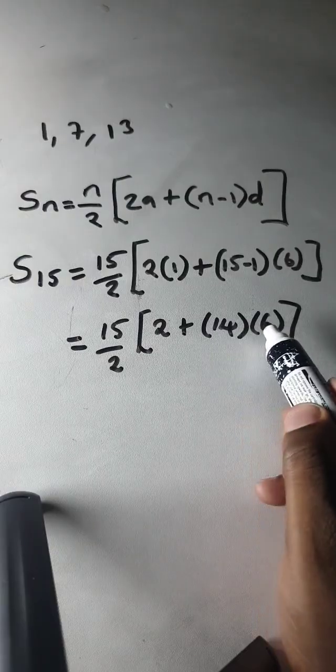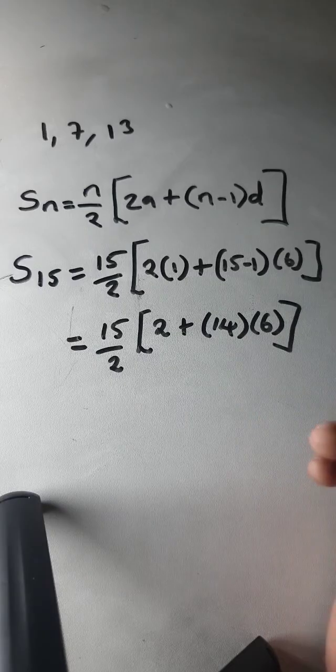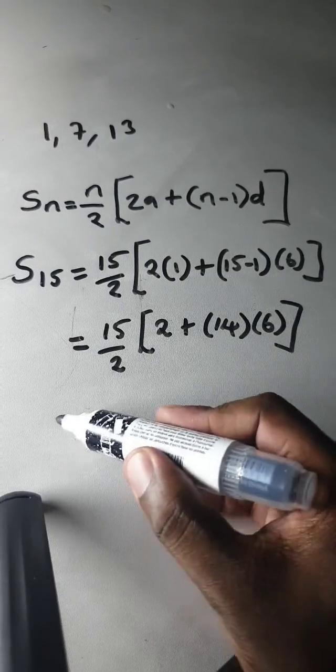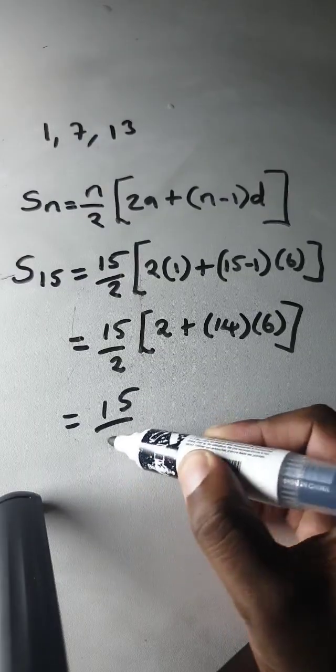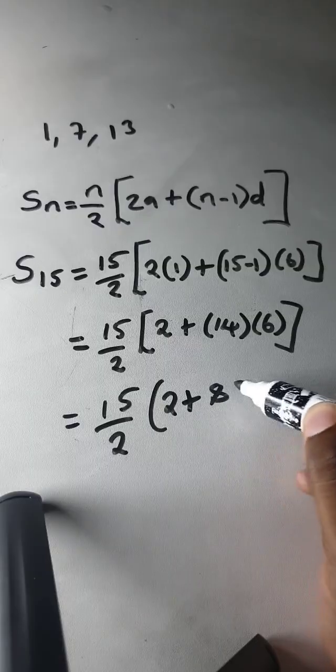So 14 times 6, it is 80. Wait, is it 84? 84, right? Good. You can confirm. So you have 15 over 2. Then you have 2 plus 84.